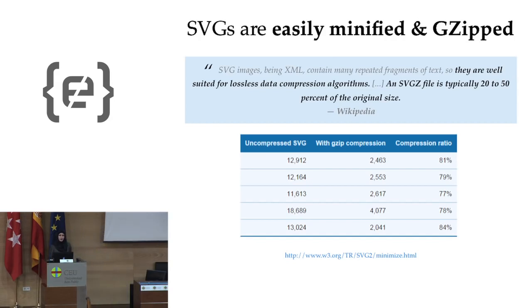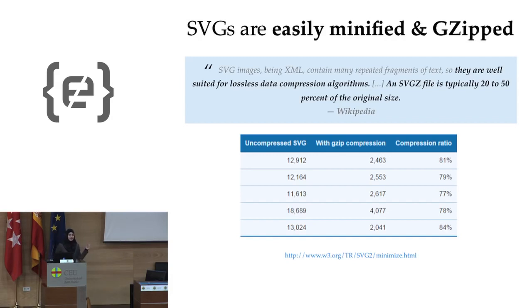This is another advantage. Because SVGs are made up of XML text, they can be easily minified and gzipped. As mentioned in Wikipedia, an SVGZ file, which is an SVG that has been gzipped using gzip compression, is typically 20 to 50% of the original file size. This is a huge reduction in size.